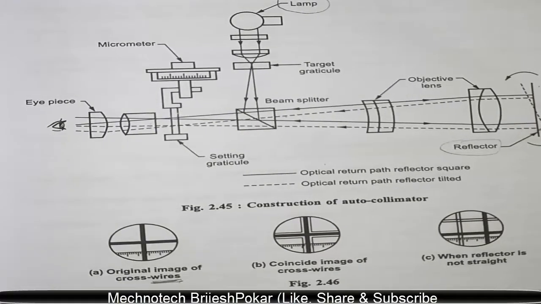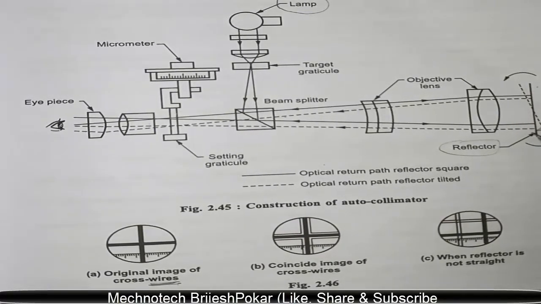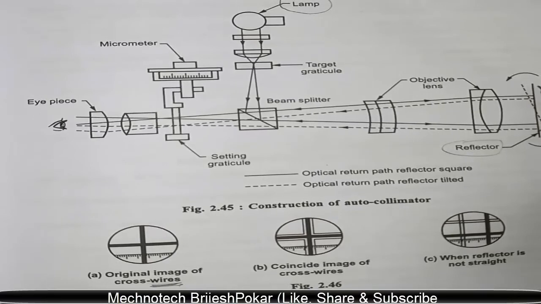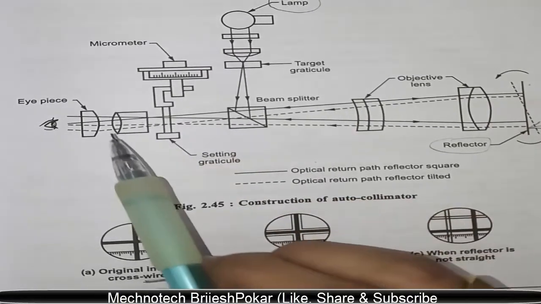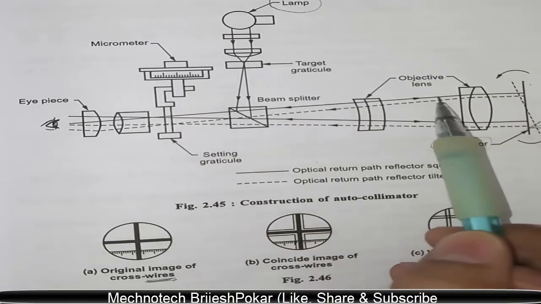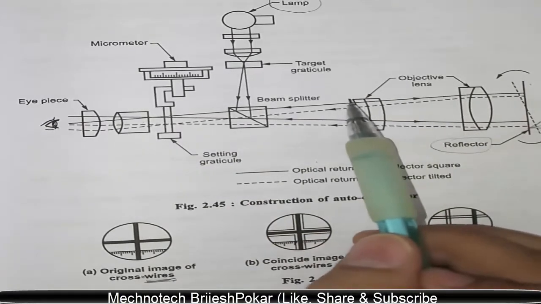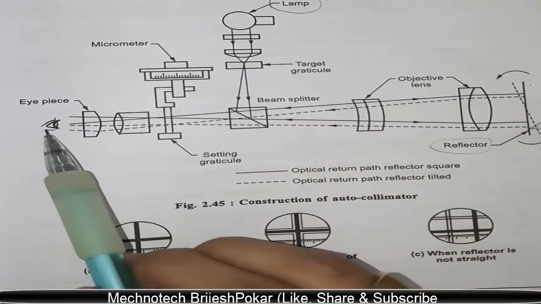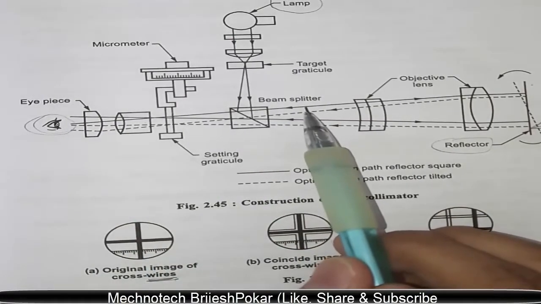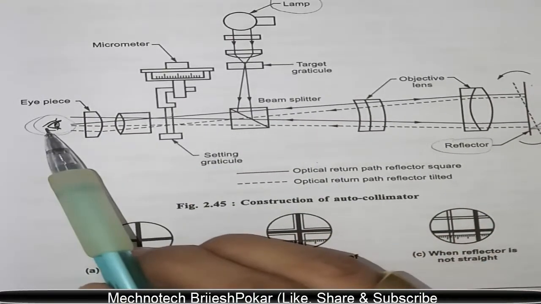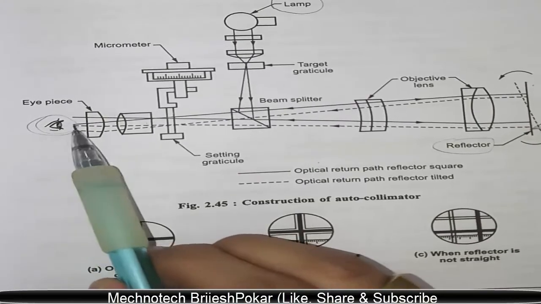This is the initial position when it is perpendicular, giving the original image of the cross wire. These rays are reflected back and get focused on the eyepiece of the micrometer.